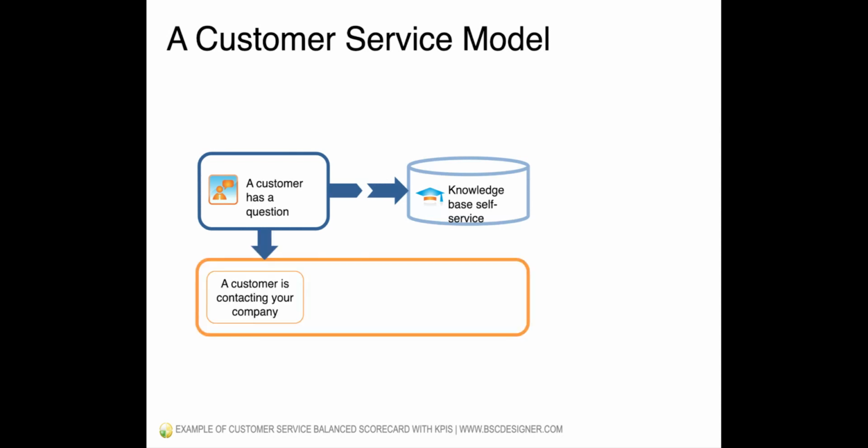Then another option is that your customer will be contacting your organization, where they will be dealing with, let's call it, a first line agent, and a second line agent that will probably deal with the same request if the first line agent was not able to respond. So this is a very basic model.